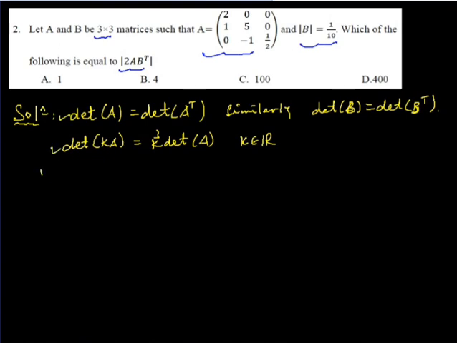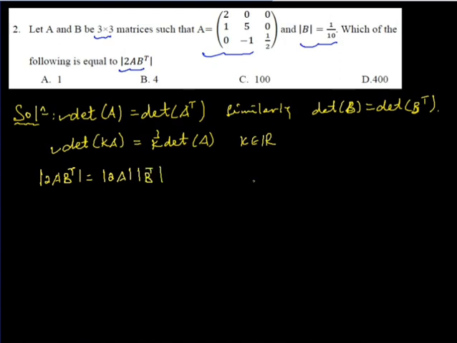In the question, the absolute value symbol is the symbol for determinant in our case. The determinant of 2 times A times B transpose is equal to the determinant of 2A times the determinant of B transpose.